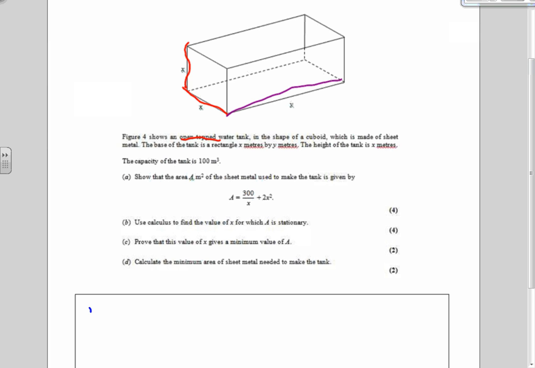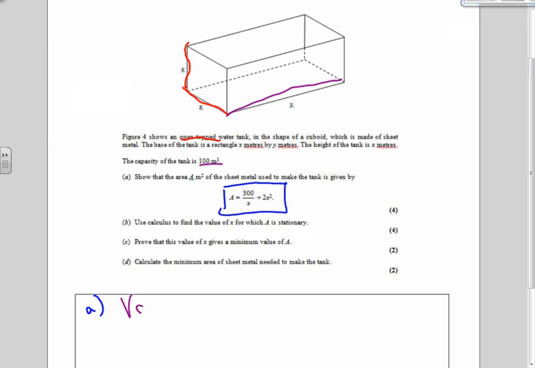So for part A, we're asked to show that the area, A meters squared, of sheets of metal needed to build the tank is given by this. So that's what we're trying to end up with. The first thing I'm going to do is use the information given to see that the volume of the tank is 100 meters cubed.